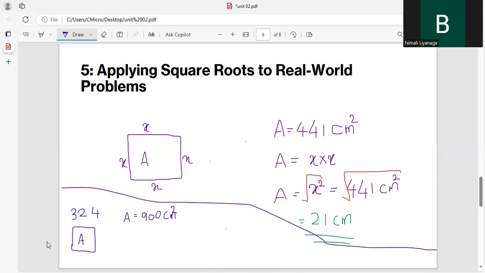So, what is the length of one side of the courtyard? What's the length of one side of the court?